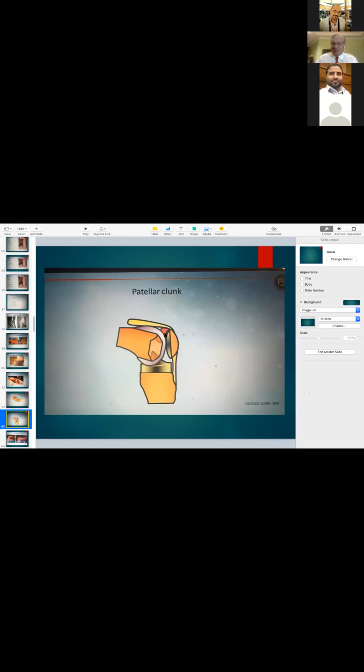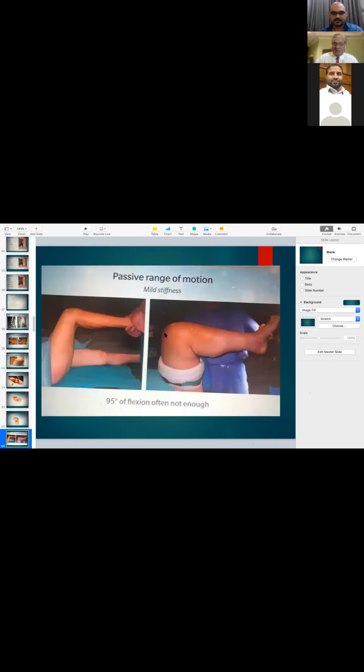In extension it disappears. In flexion, it's in front of the patella. So the patella is jumping and going. She's feeling something unstable, but it's actually clunk syndrome, and it varies in severity from a simple crick sensation to jumping of the patella. So it's common in patients where we did not resurface the patella, some of the patients.